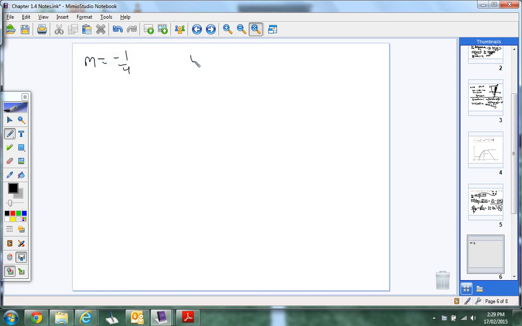So next thing we're going to do is our y equals mx plus b, figure out the rest. So our y, that's going to be negative 1/2 equals negative 1/4 times negative 2, good, plus b. Okay, what's a negative 2 times negative 1/4?